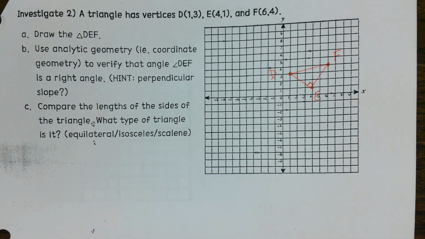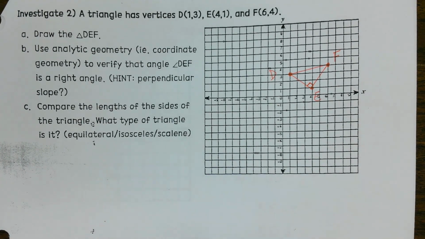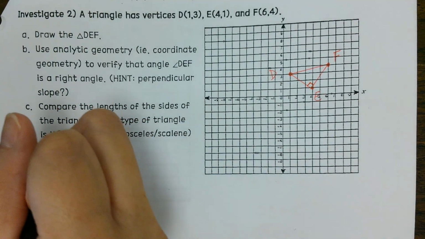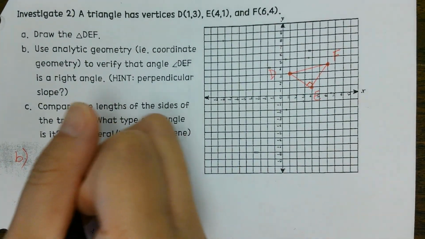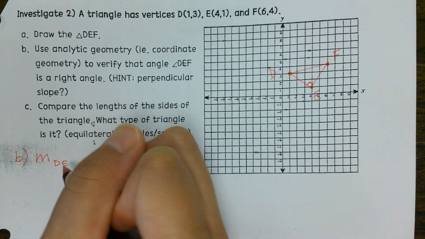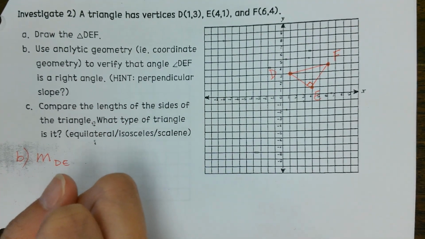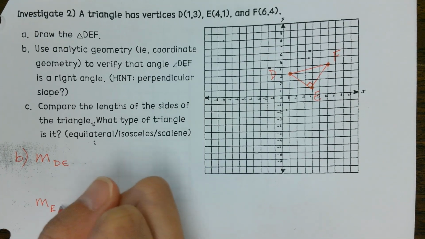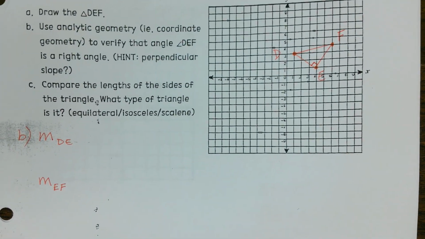Okay, so I'm going to give you guys about 5 minutes to try this. For part B, you need to first find the slope of DE and then find the slope of EF and then make a conclusion.